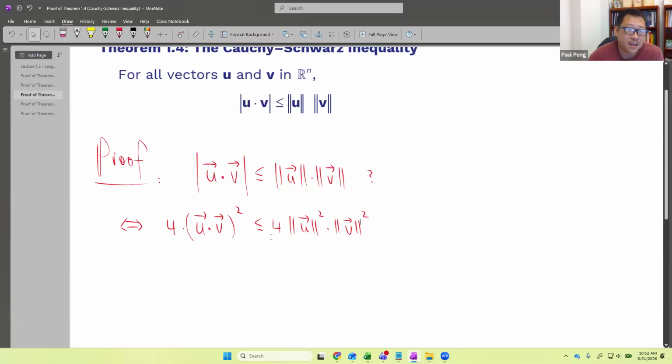Then have you seen something like b squared minus 4ac? Somewhat like the discriminant of a quadratic function. That's really fancy.